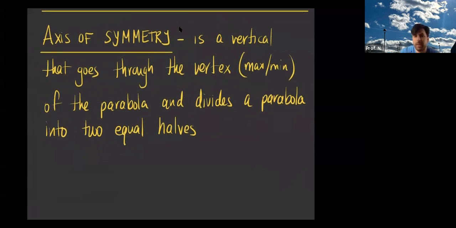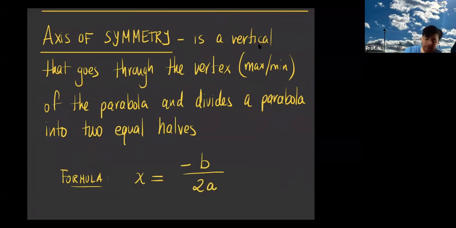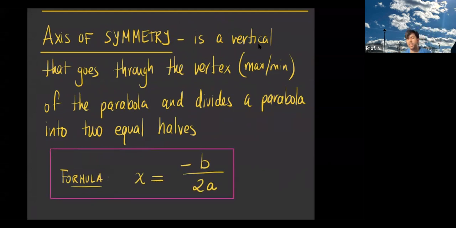And there's actually a formula for the axis of symmetry. The formula is the following. You find it by knowing what B is and dividing it by 2A. That's the formula. And if you observe, this formula looks very similar, reminiscent of the quadratic formula.